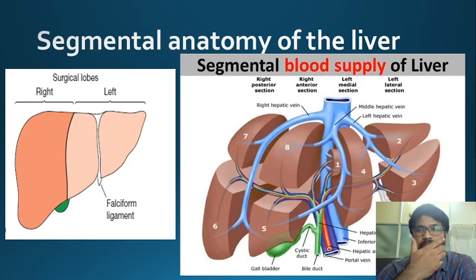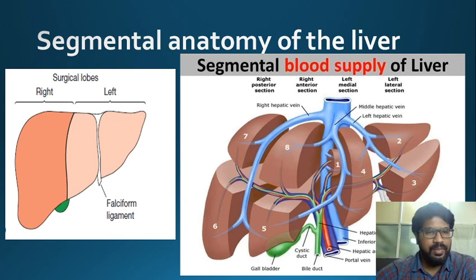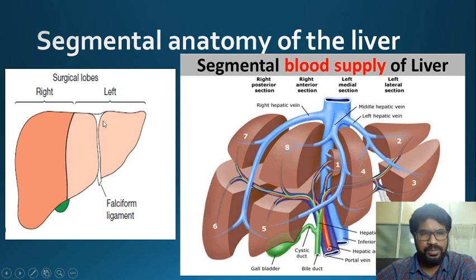Next, coming to the segmental anatomy of the liver. As you see in this figure, the liver is divided into two lobes, the right lobe and the left lobe. This is the falciform ligament. The falciform ligament is an umbilical vein remnant which extends from the umbilicus to the liver and divides the liver into two lobes, right and left.